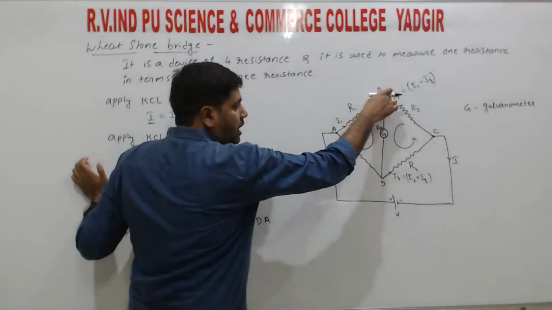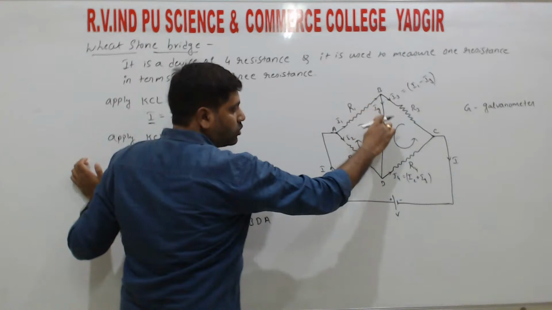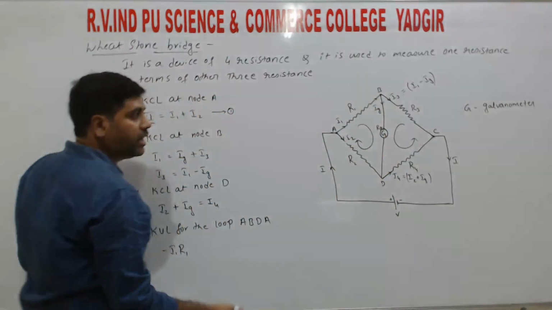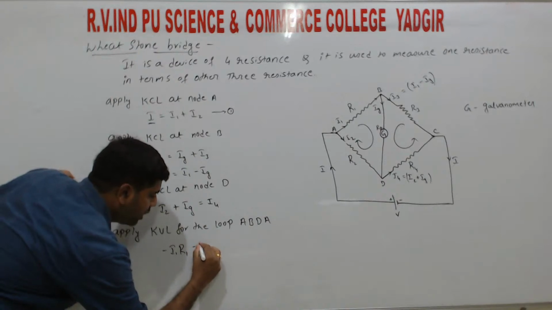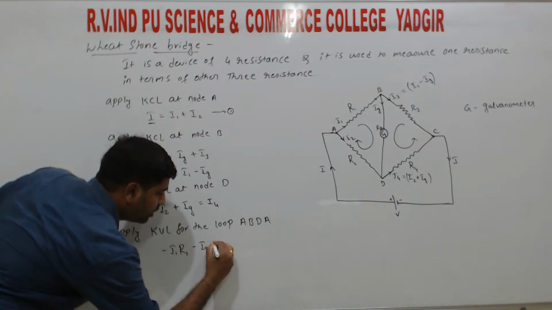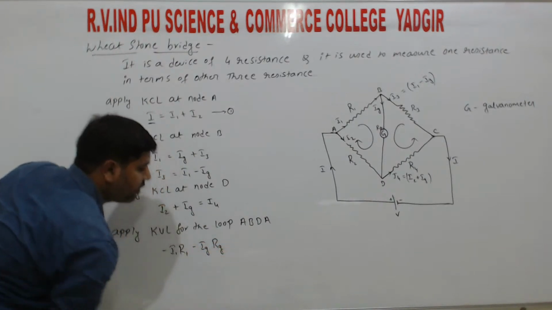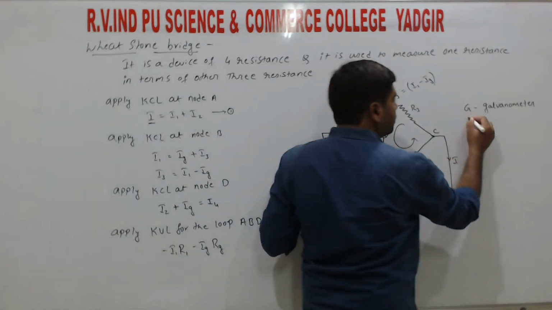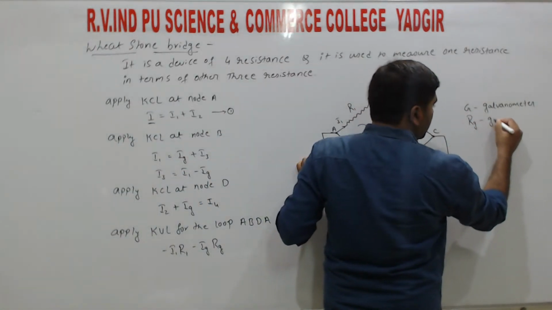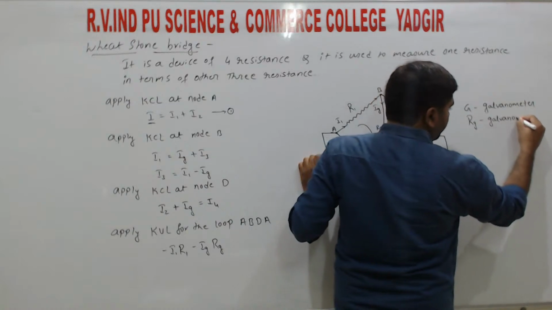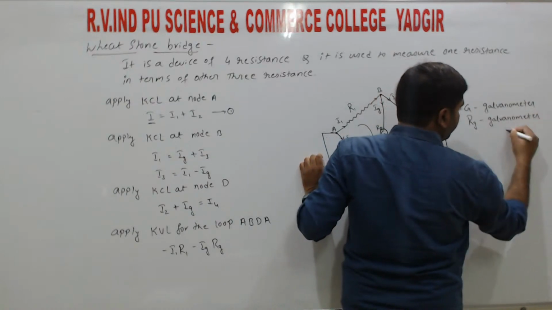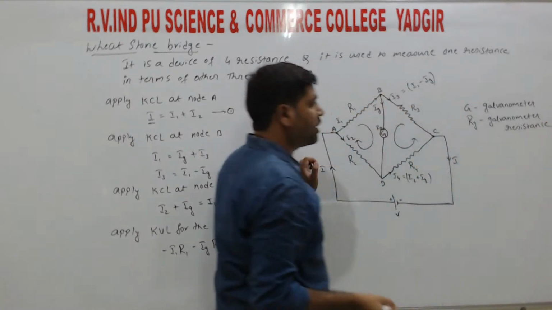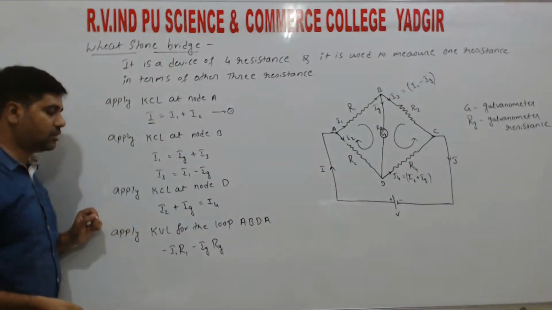Again, the current direction is from B to D, and we also take the current in the same direction, from B to D. So there we get Ig Rg, where Rg is the resistance of the galvanometer.